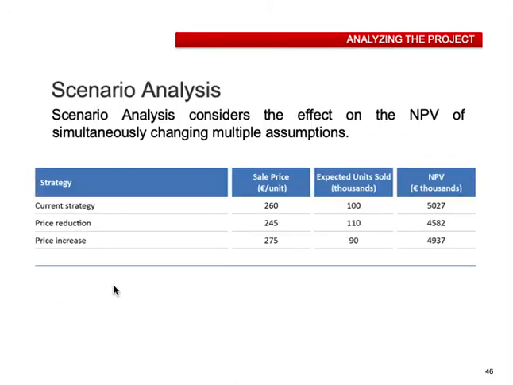And here you can see why we chose 260 for our sale price. Because this table shows you different kinds of pricing strategies for a spacecraft. The current strategy was that we're going to sell our product for 260, and we expect to sell 100,000, and the NPV is about 5 million.